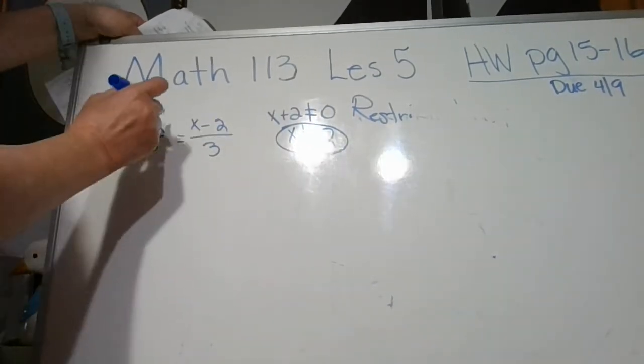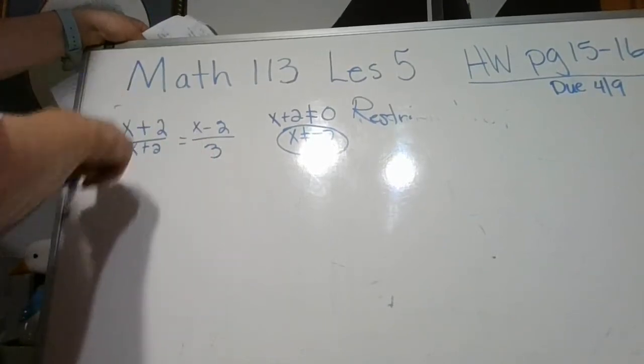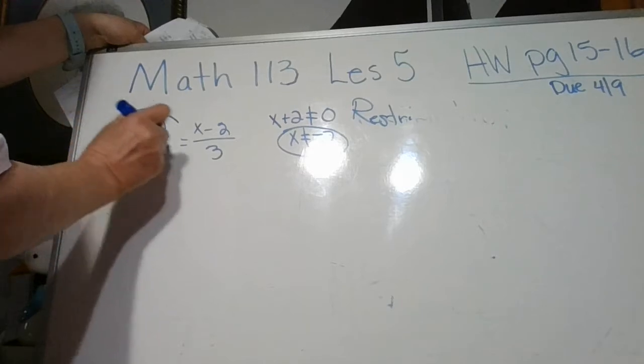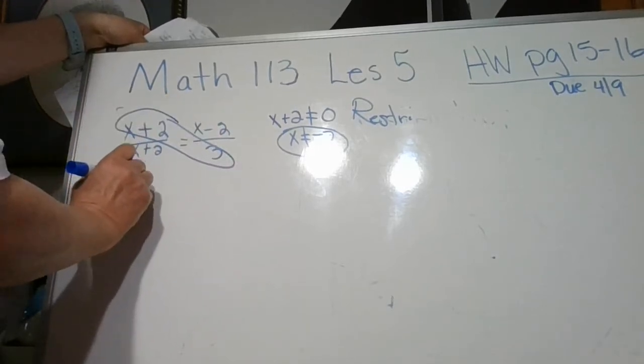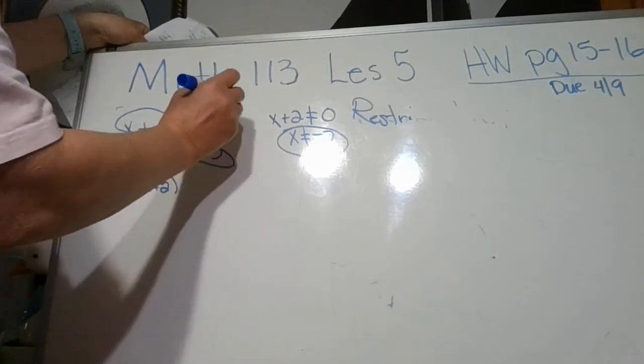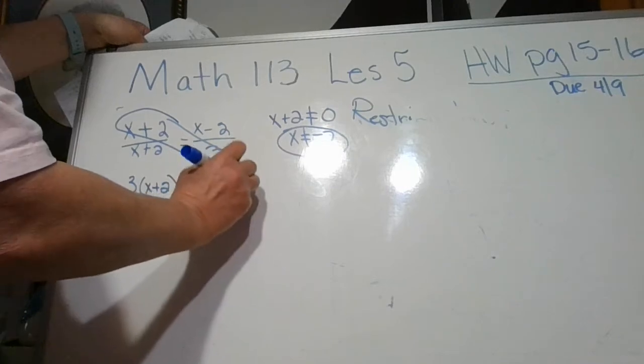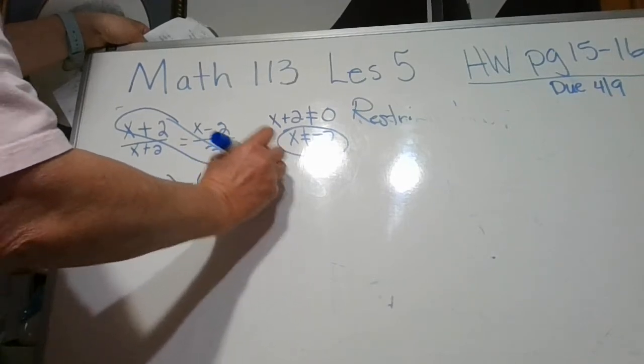Now, I see that I have two fractions equal to each other, so I'm going to cross multiply, and I'm going to have 3 times x plus 2 is equal to x minus 2 times x plus 2.